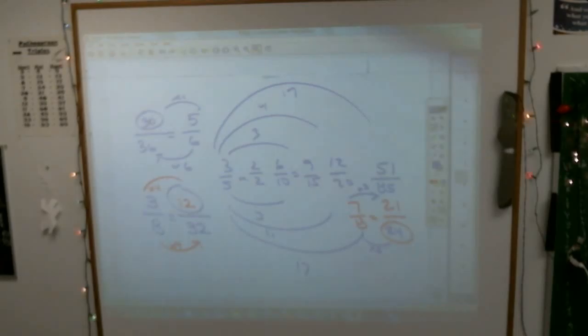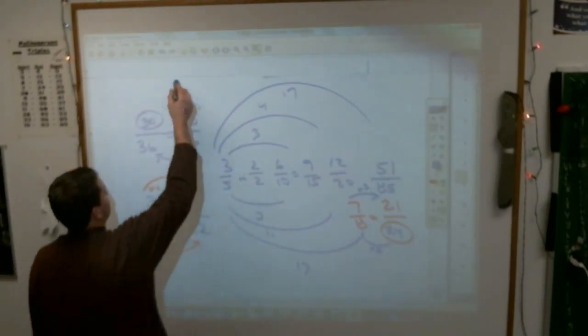Let me see if there's something else they give you that could be difficult. Here's what they're going to do. Write down this problem. Now you're about to enter the world of fun math.